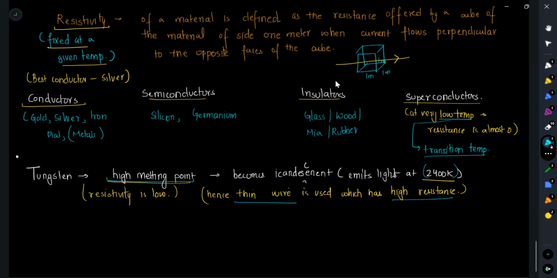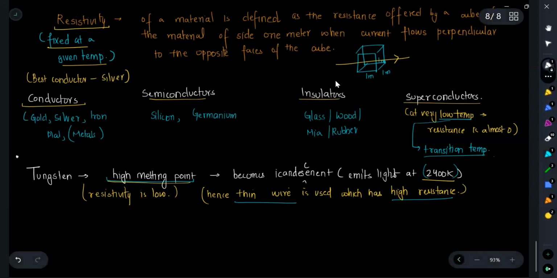ठीक है. Then we have other materials. Nichrome. It is an alloy होता है. High resistivity and high melting point. अब इसमें दोनों चीजें, high resistivity and high melting point.